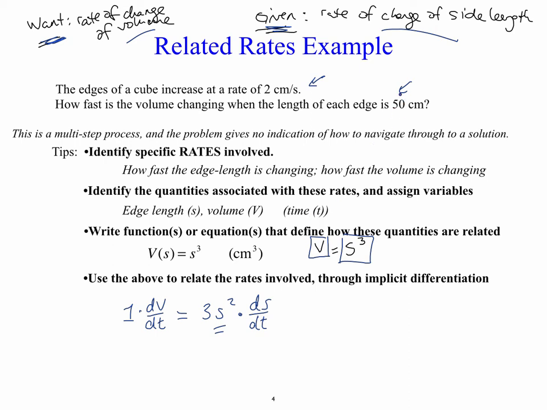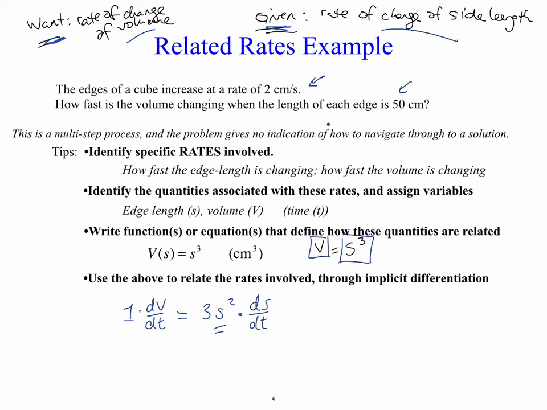If I plug in 50 centimeters here, then volume becomes a constant. I can no longer talk about the rate of change, because it's just whatever 50 cubed is. That's one tendency that I see students have a lot, which is to try to plug in as early as possible. Fight that urge.